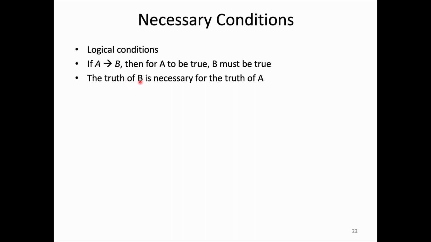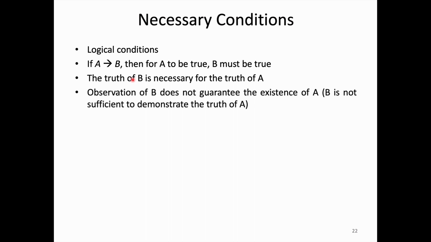B is never going to be true if A is not true. It's important to observe that B being true does not guarantee the truth of A, or in other words, B is not sufficient to demonstrate the truth of A.